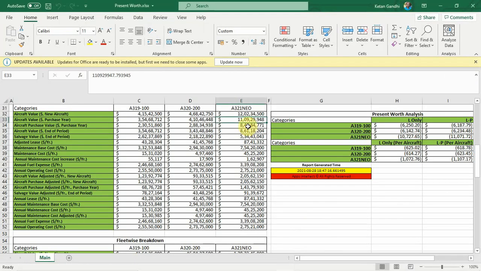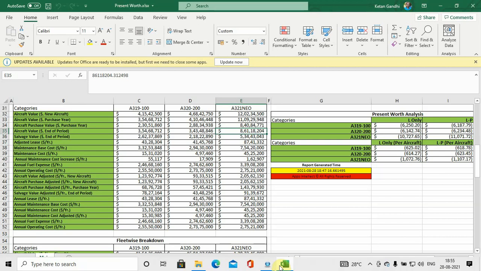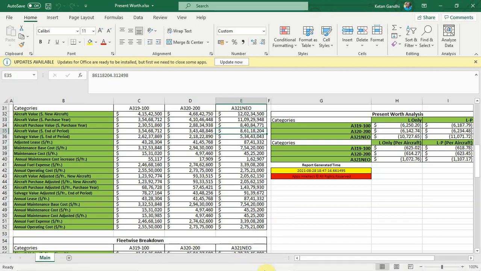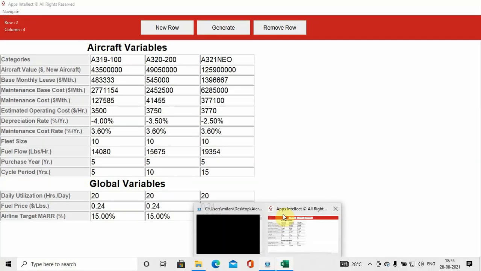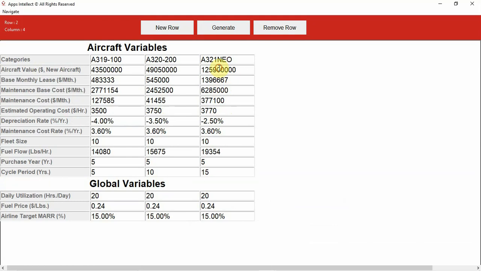And then we'll have the aircraft purchase value, purchase year. This will be based on this particular value which has been discounted, and that will take into consideration the depreciation rate, the purchase year. And then we'll have this particular aircraft value for the end of the period, which will take into consideration the original value of 125 million, and it will be based on this particular value.